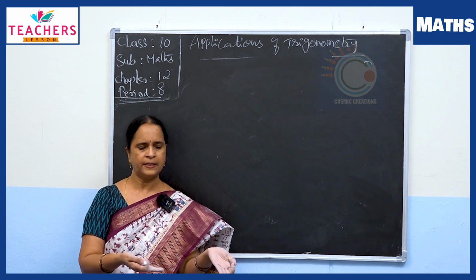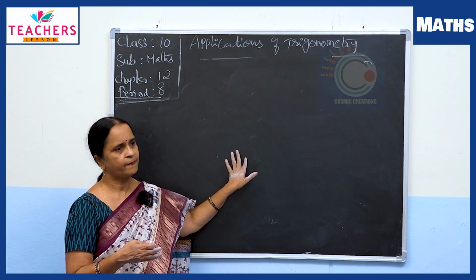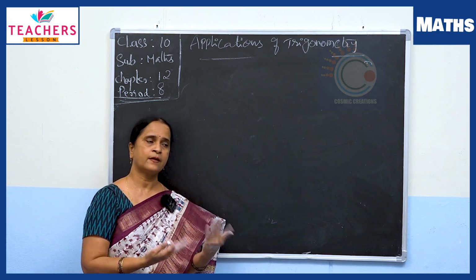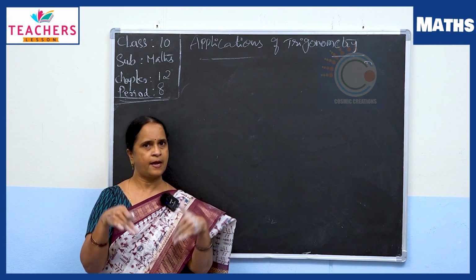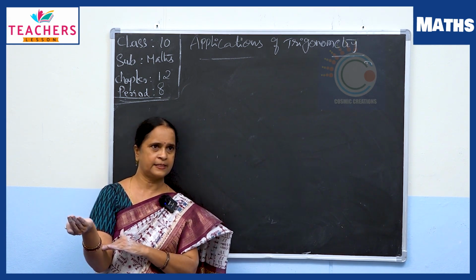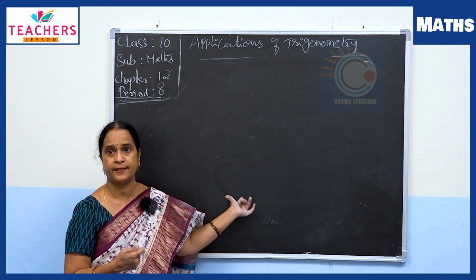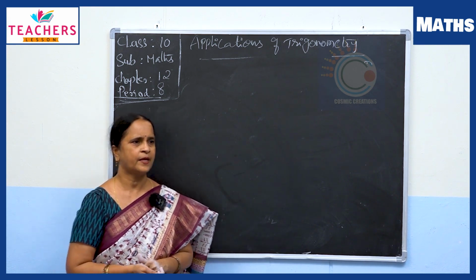Depending on the distance and the height, we could find the angles also. If we know angles, we could find the heights or distance, and if heights or distance are given, we could find the angles. These all are based on trigonometric ratios. Applications of trigonometry. Okay, I think you understood well.